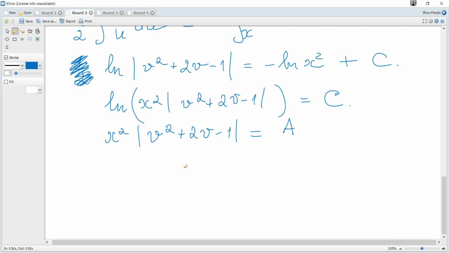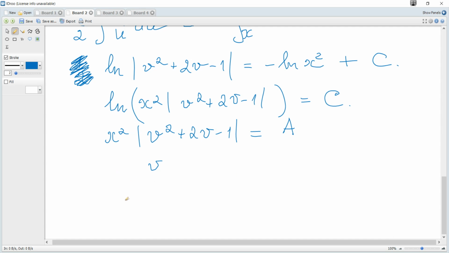And it doesn't matter whether this expression is positive or negative. You remember, if it's positive, it can be rewritten without absolute value, and if it's negative, it can be rewritten without absolute value bars, but together with minus.